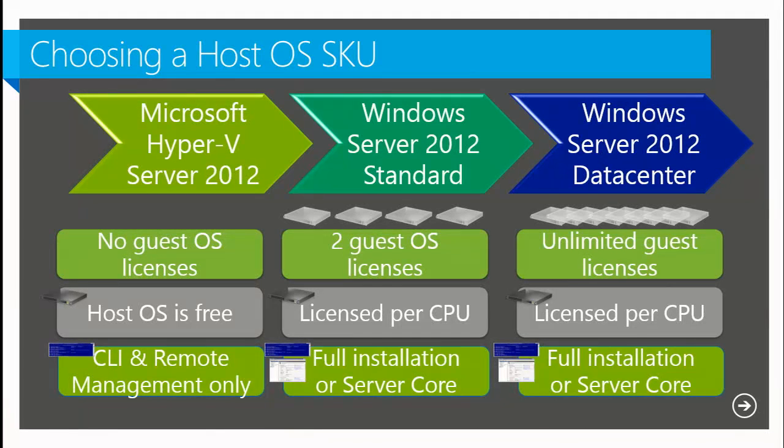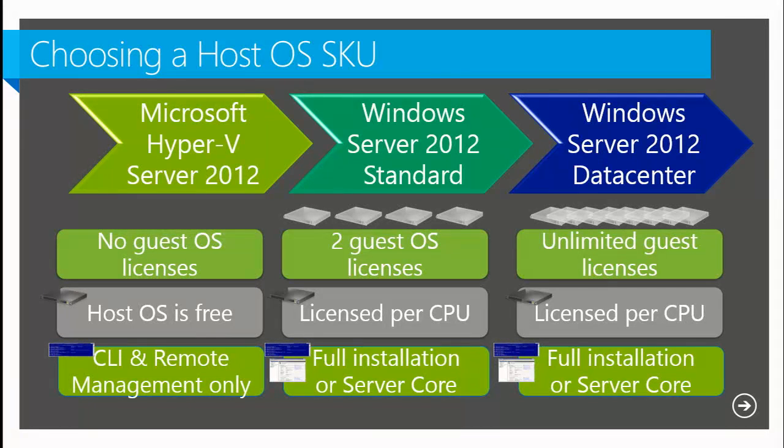Now, with Windows Server 2012, we also reduced the number of different versions. For your data center people, our server guys, you need to just think about two versions now: Windows Server Standard Edition and Windows Server Data Center Edition. Now, why would you choose one or the other? Well, it really comes down to virtualization rights. Data Center Edition comes with an unlimited number of licenses for your guest operating systems, for your VMs.